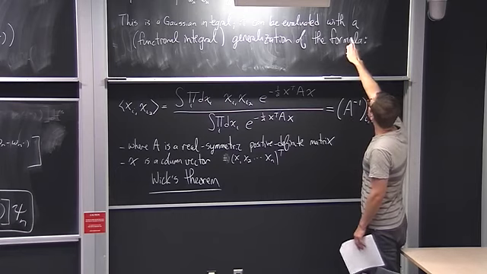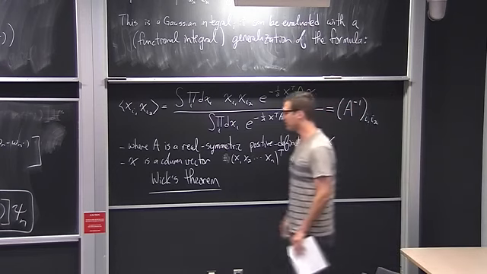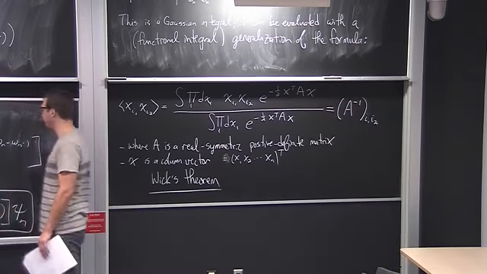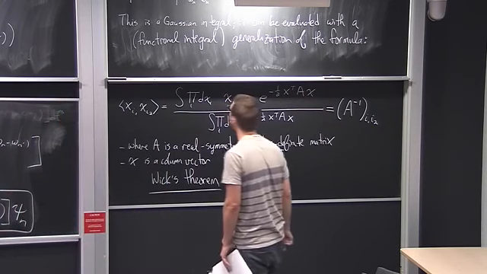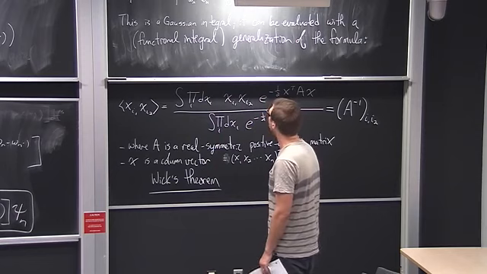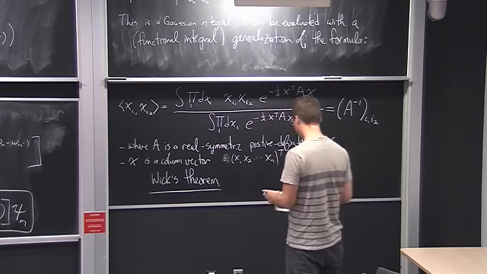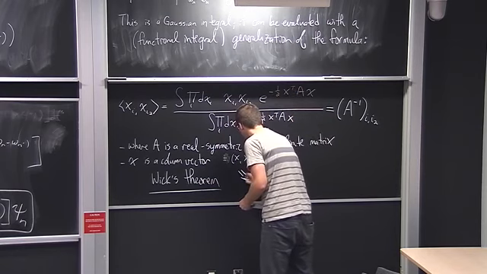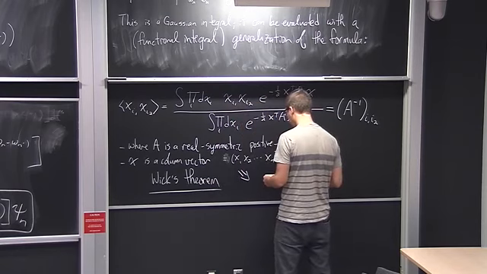And so whenever you see this type of integral, you're going to get the inverse of this operator here. That's why the Green's function is defined like that, essentially. It's because it's well defined in terms of this Gaussian integral.